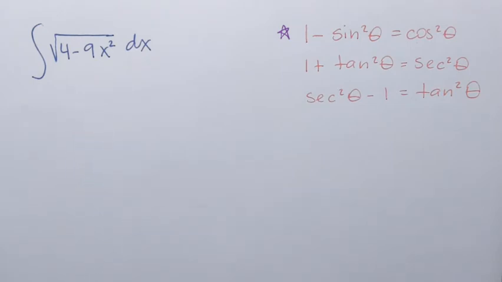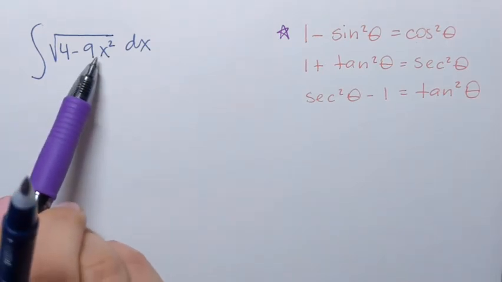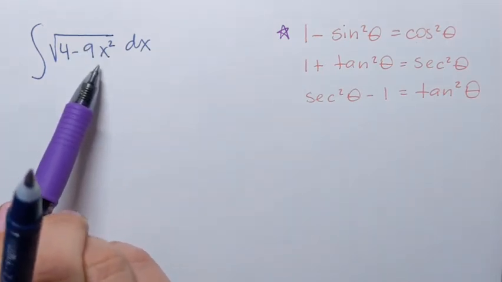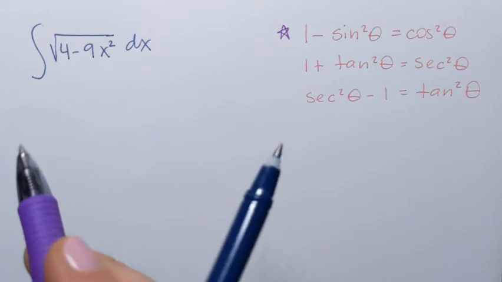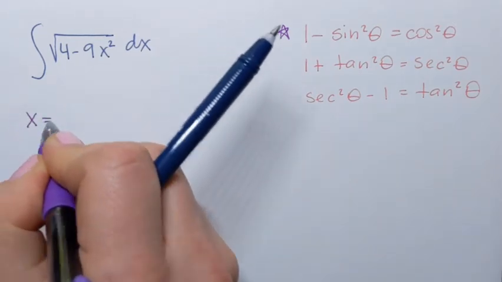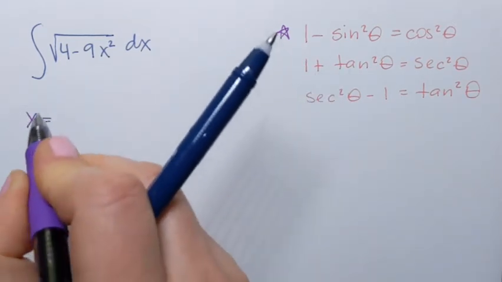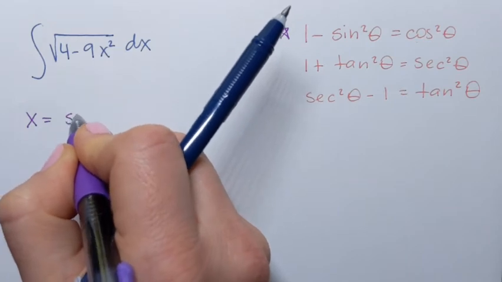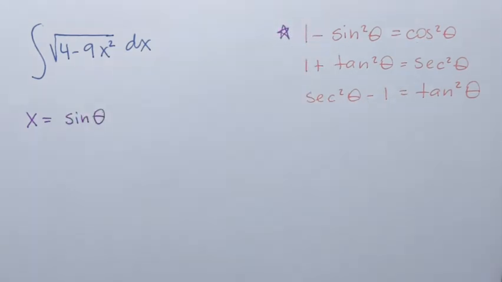Let's think. Obviously, where I have x here, somewhere is going to be sine. It's not going to be exactly the substitution we're going to do, but it's definitely going to involve sine, so I'm going to write it down.